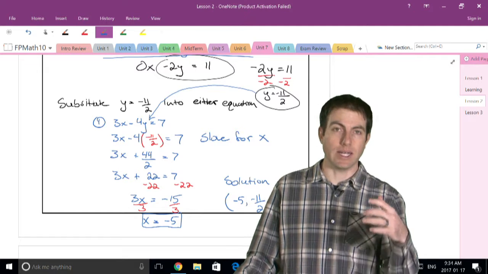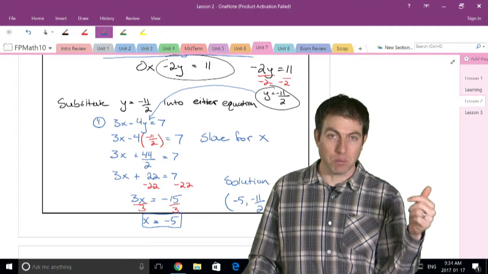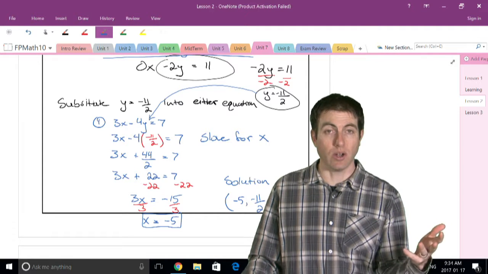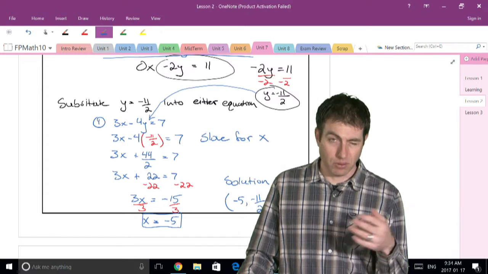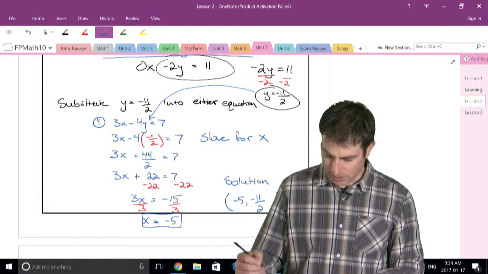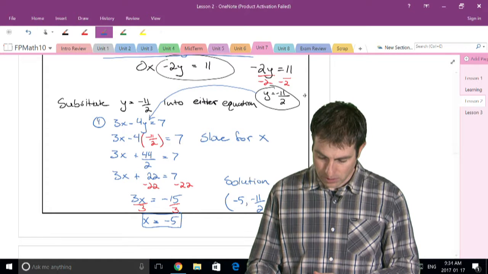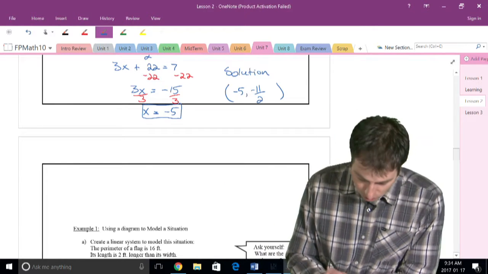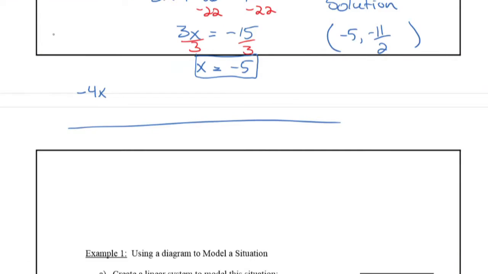So if you have a negative 4 and a positive 4 in front of your x, you're going to add those together because negative 4 plus positive 4 gives you 0. If your signs are the same, like negative 4x and negative 4x, I guess I can just jot this down. You don't have to copy it down, but this might clarify some things. I'm not going to write the whole equation, but imagine if I have my two equations. I had negative 4x and negative 4x.